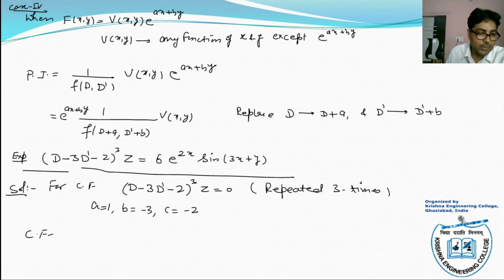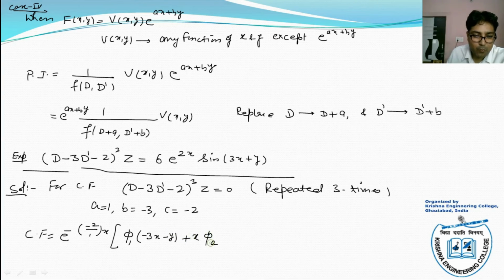So CF in this case is e to the power minus c by a, c is minus 2, a is 1, into x, phi 1 (bx minus ay) plus x phi 2 (bx minus ay) plus x squared phi 3 (bx minus ay), that is minus 3x minus y.